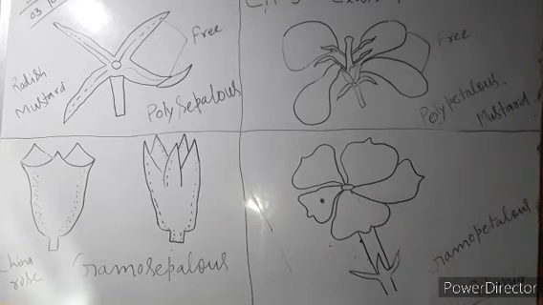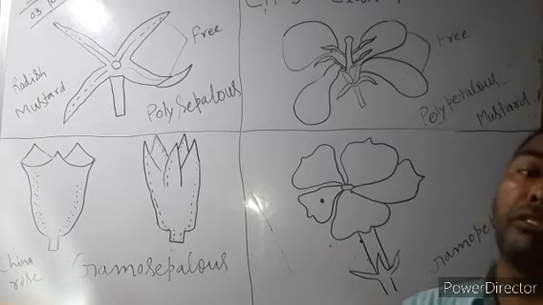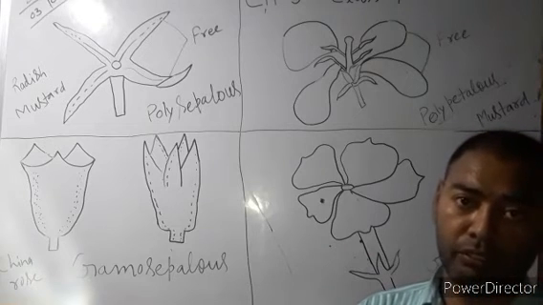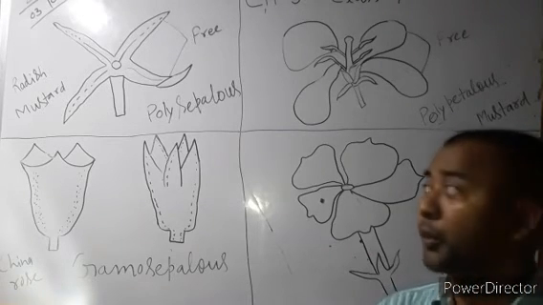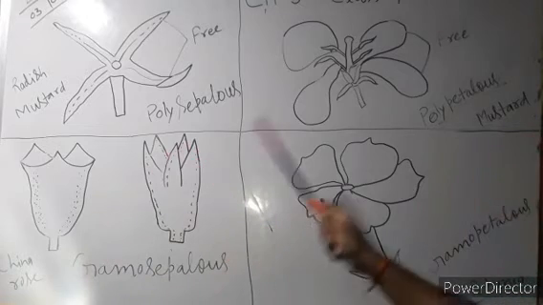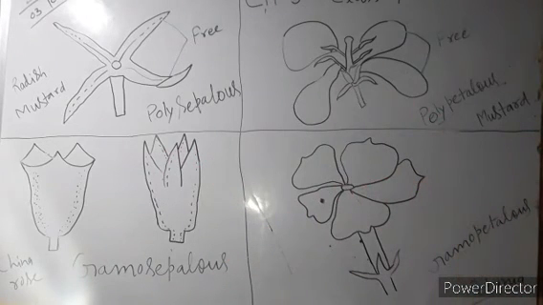You can see here in petunia the petals are completely fused and look like a cylindrical structure. That is known as gamopetalous condition. Okay, so sepalous and petalous conditions have been finished.